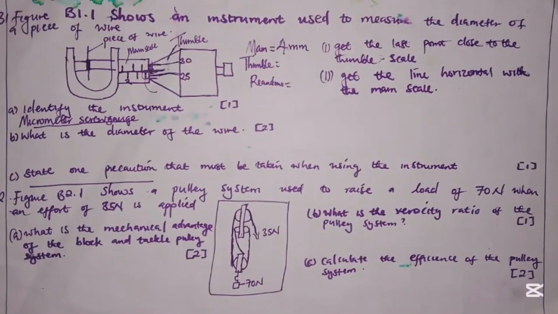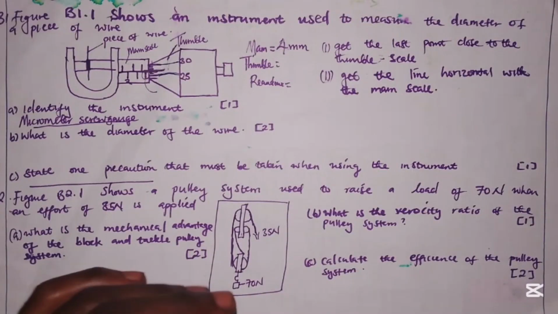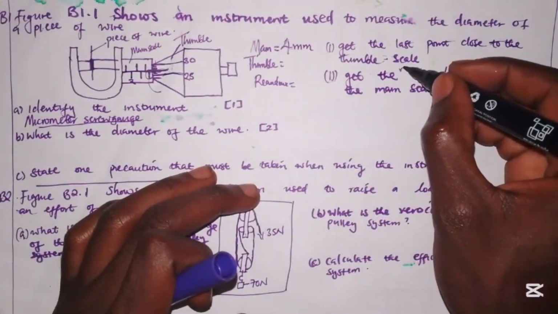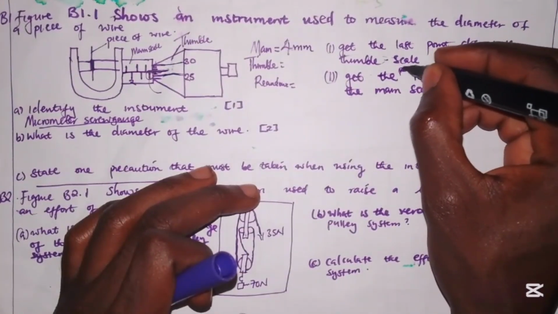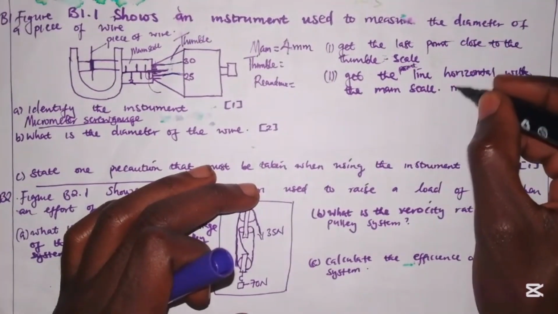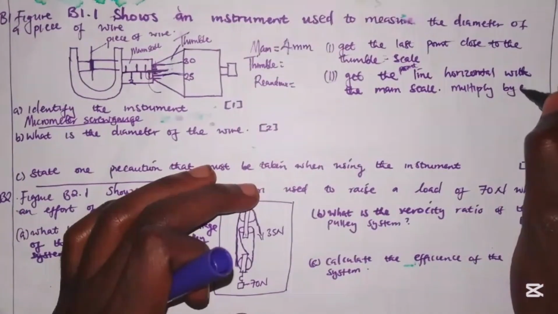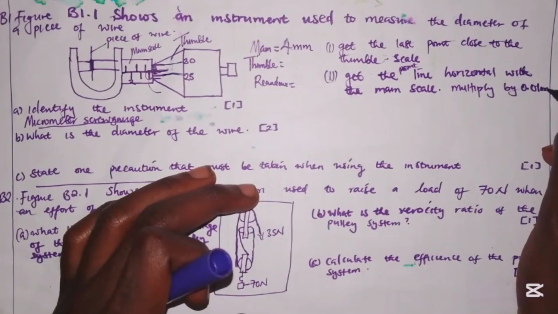But do not pick 27. You have to multiply it with 0.01. So after getting the value, after getting the point, multiply by 0.01 millimeter.